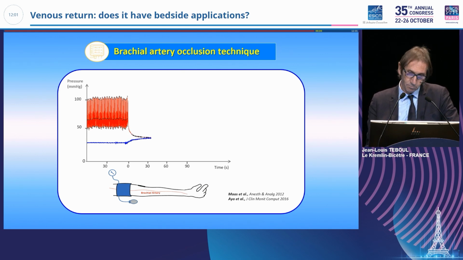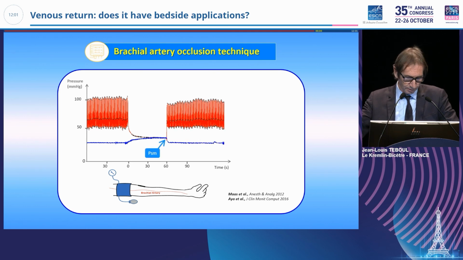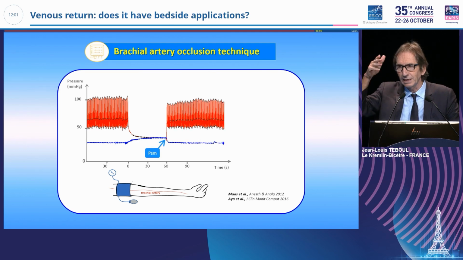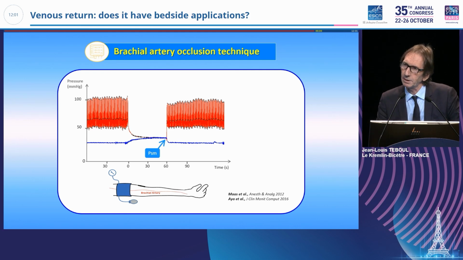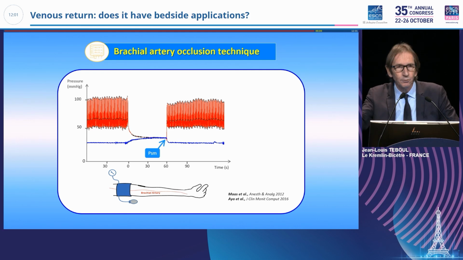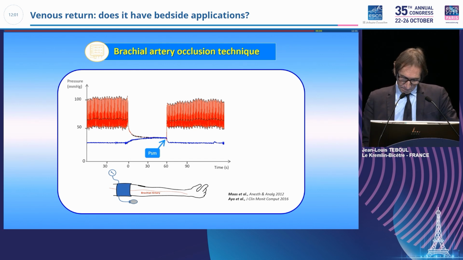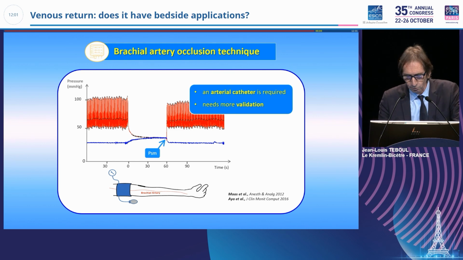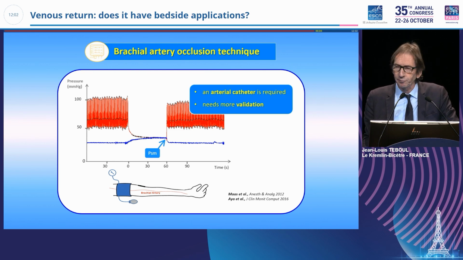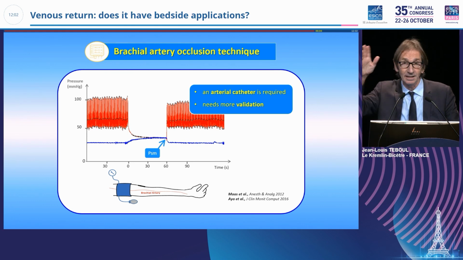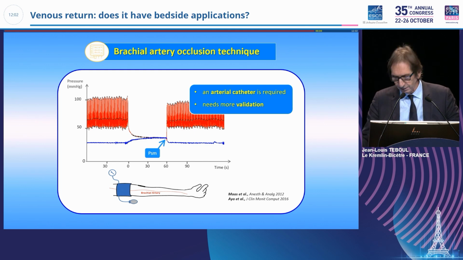If you have an occlusion of the downstream circulation, you should finally have an equilibrium between the venous pressure and the arterial pressure, and this could be an estimation of the mean systemic pressure for this territory, which normally reflects the mean systemic pressure in general. Okay, this is possible. Another catheter is required, of course. You don't need to measure the venous pressure, finally, because the decline of the arterial pressure is enough, but we need more validation before clinical application.